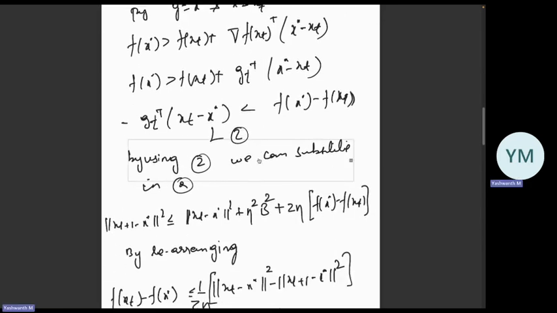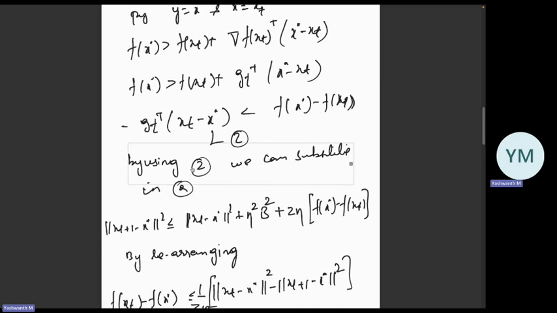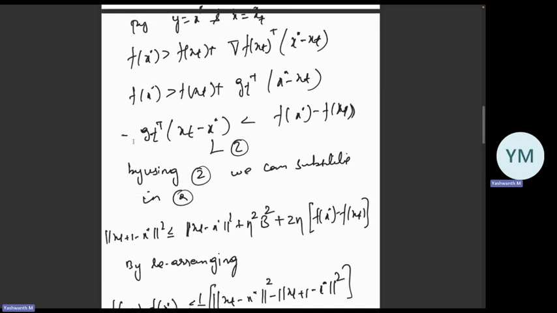And we end up getting the norm of x_{t+1} minus x star squared is less than or equal to the norm of x_t minus x star squared plus eta squared B squared plus 2 eta times f of x star minus f of x_t. We have done nothing but substitute g_t transpose times x_t minus x star with f of x star minus f of x_t.